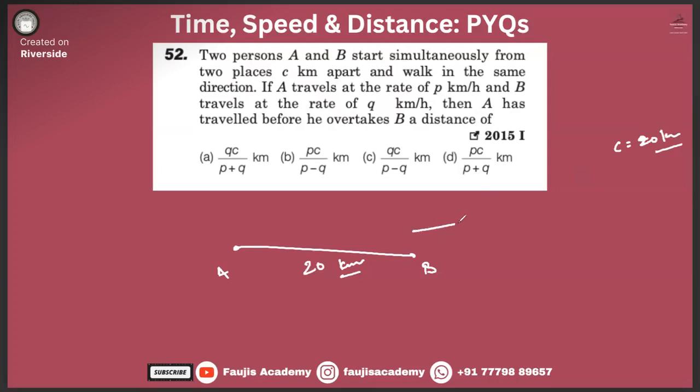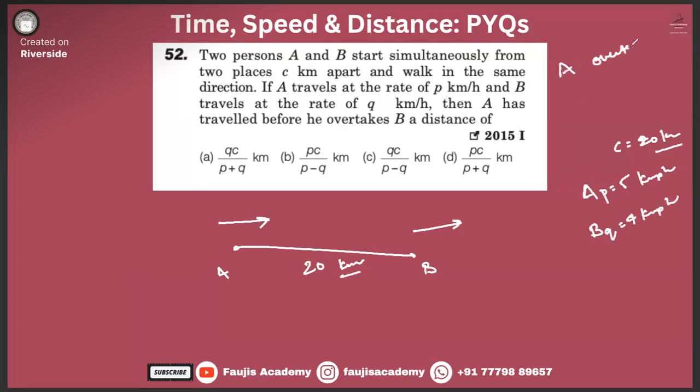B is going in this direction and A is also going in this direction. Let's assume p, the speed of A, is equal to 5 kmph, and the speed of B, q, is 4 kmph.